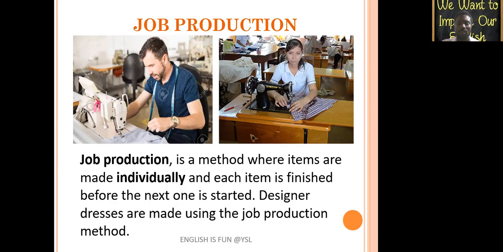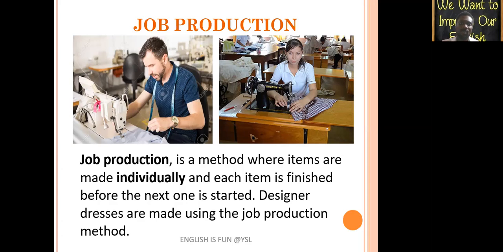So you have to start a job and finish it before taking up another one. Job production refers to that production method whereby items are made individually, one at a time. Then the next will fall in place later.